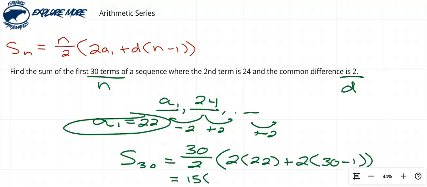This would be 15. 2 times 22 is 44. This would be 2 times 29, which is 58. Then we can do 58 plus 44 and multiply that by 15. Let's use the calculator to help us out with that. So 15 times 44 plus 58 gives us 1,530.